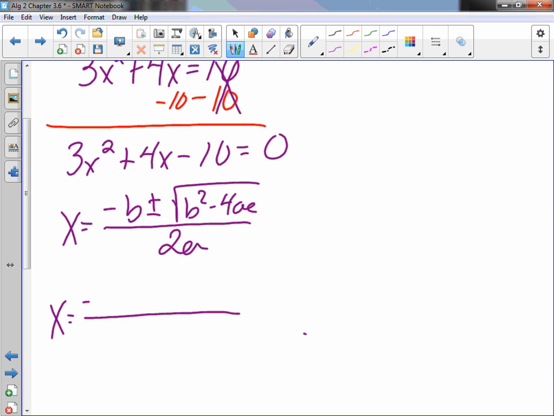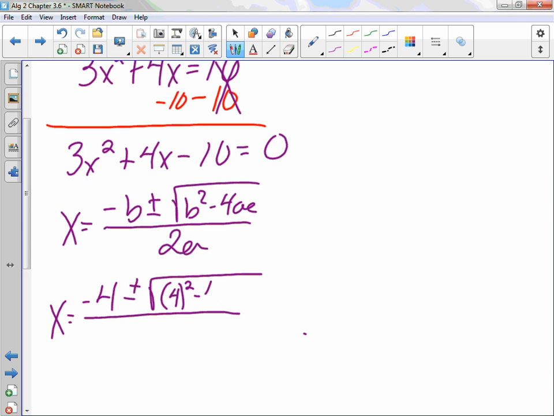The b term is 4, plus or minus the square root of 4 squared minus 4 times negative 10, all over 2 times a, which is 3. Any questions on anything we've done so far?